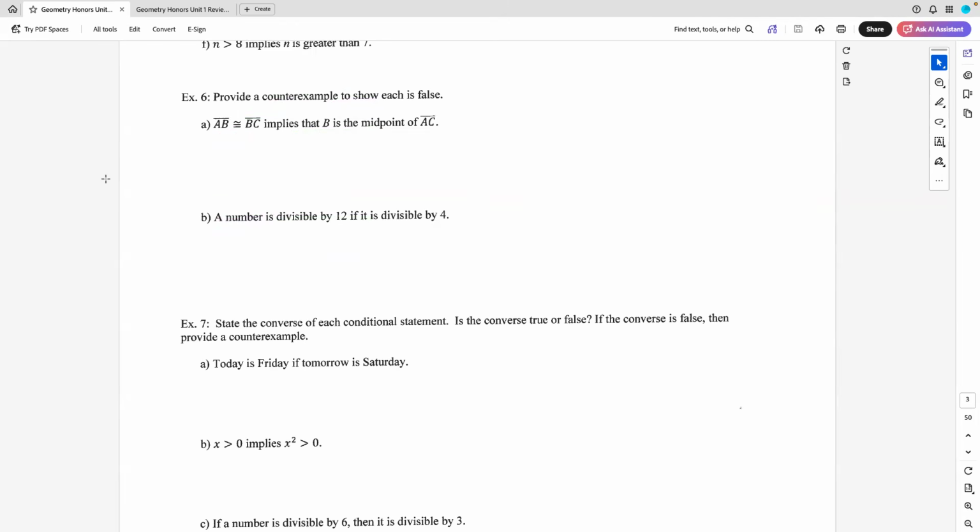Drawing is good. Yeah, 100%. So AB. So this is true, right? I'm totally making these identical. However, B is not the midpoint of AC. That's because these are non-collinear, right?